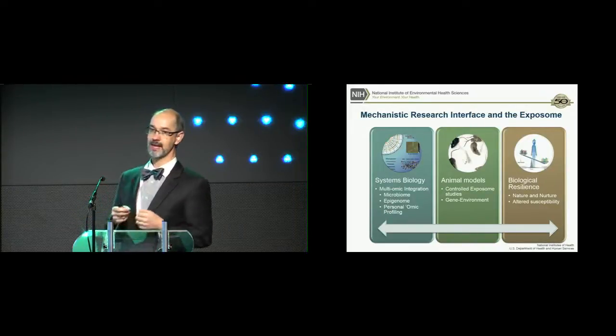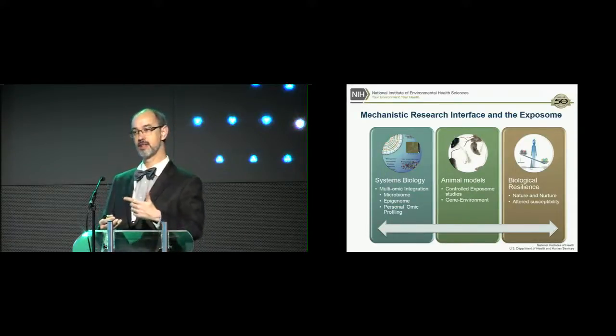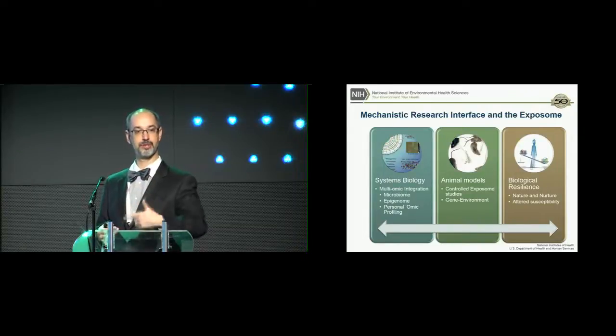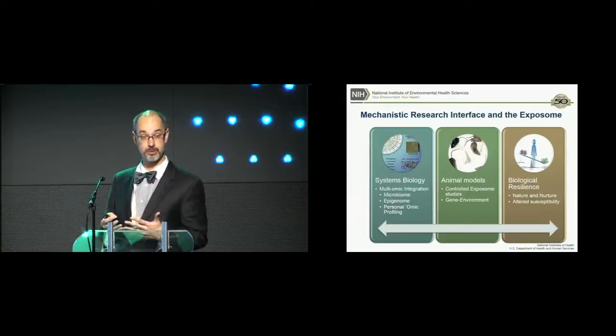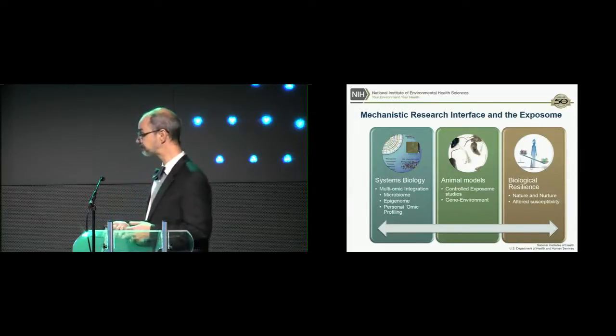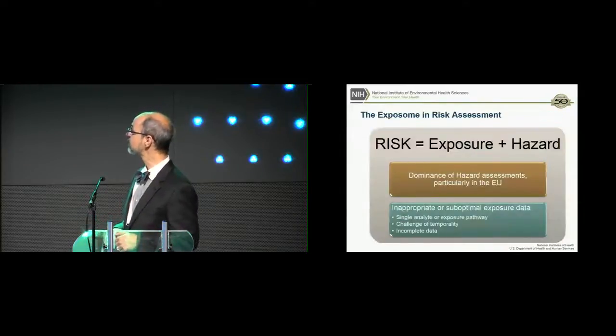And so, can you have an assessment based on biological response of the ability to resist the next exposure, which is really the critical determinant of the association to disease? And can we use this to empower the exposome as a tool to understand the associations between exposures and disease?